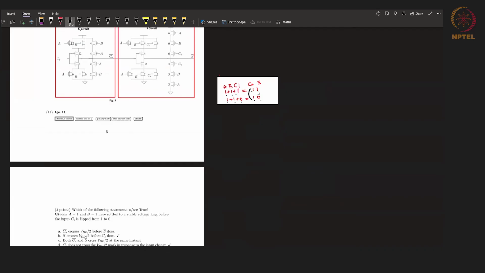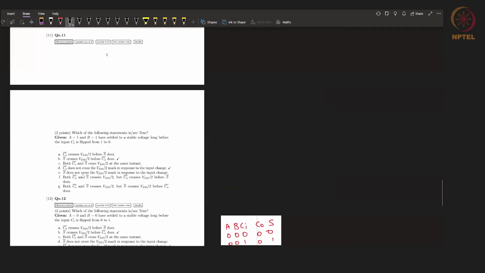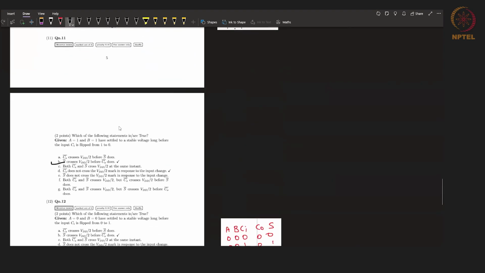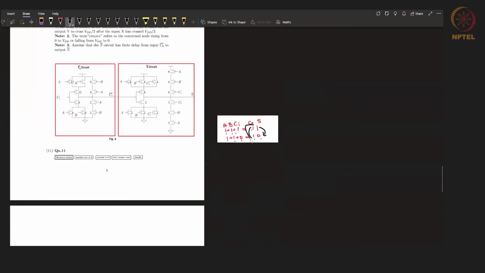So there is no change in C naught, but there is a change in S from 1 to 0, meaning S bar changes from 0 to 1, right? So the satisfying options are S bar crosses VDD by 2 before C bar does. C bar does not even cross, so that doesn't matter. So S bar does cross VDD by 2, and C bar does not cross VDD by 2 in response to the change of the input. So C bar remains 0. C bar is 0 since C naught is 1, right?